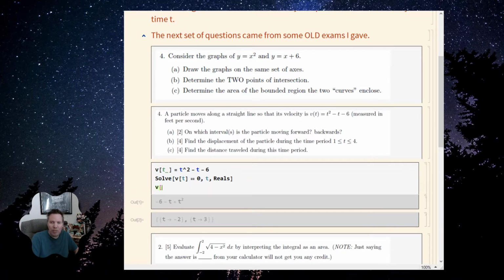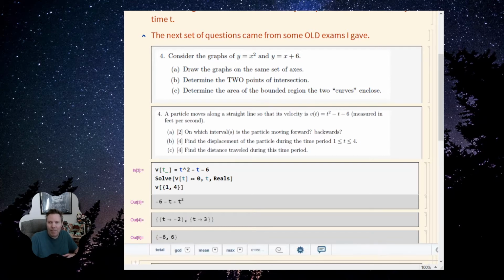The easiest way to do that is to plug in a value that's between 0 and 3 and another value that's larger than 3. So I'll do that and I wind up getting -6 and 6. So what this says is that the particle is moving backwards between 0 and 3 and it's moving forwards on values greater than 3.